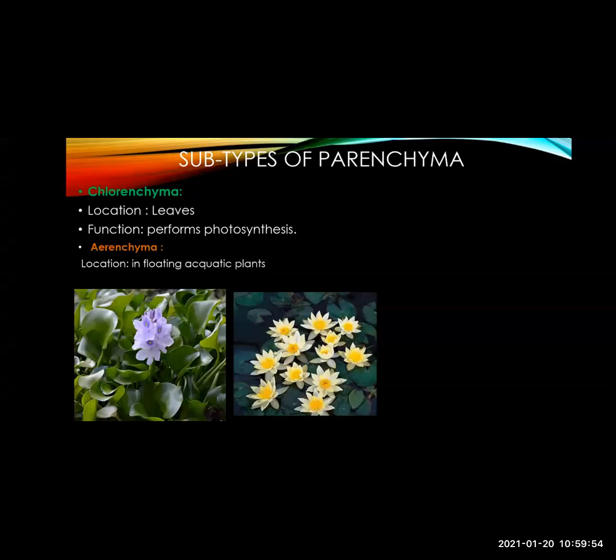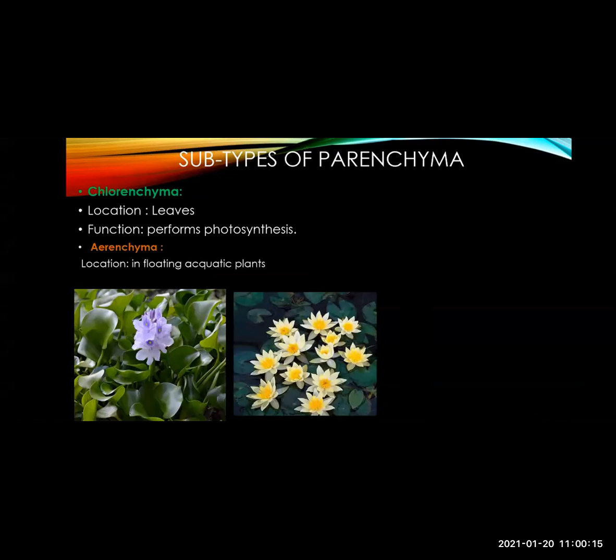So, all the spongy plants that are present either submerged under the water or floating on the water, if you break the stem of those plants, you can see there are air gaps or empty spaces in between.